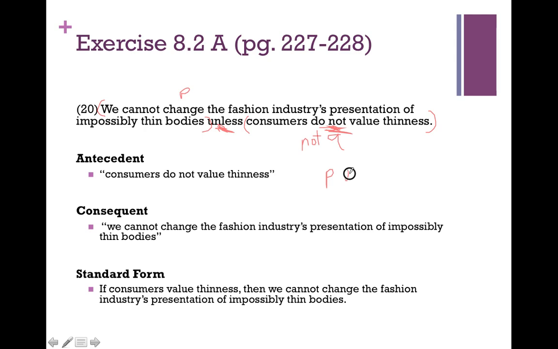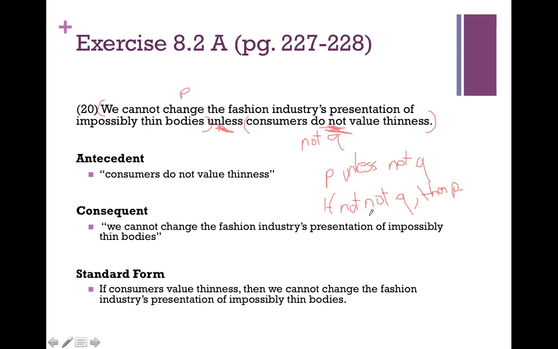P unless not Q. So if we're going to put P unless not Q into standard form, basically what we're going to say is if not Q, then P. I know on none of my student evaluations is anyone going to say, man, Professor Newton sure is good at writing.